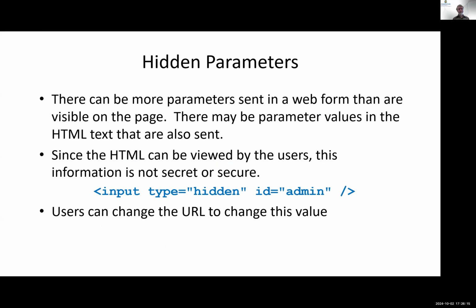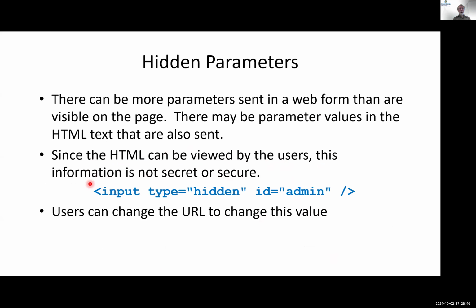That's a good idea. Now, sometimes there are hidden parameters in a web page. It's obvious if you have a box there and you enter some value in the box and you press submit that it's going to be sending that value. Sometimes there's other hidden information that it sends so that the browser can specify something to the server that it may need to know to do this correctly.